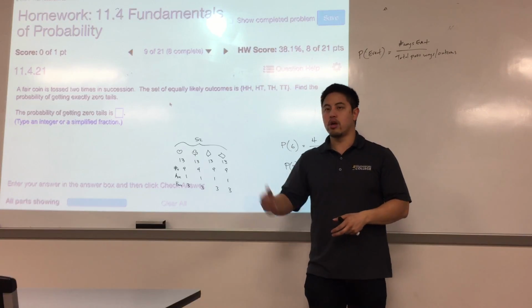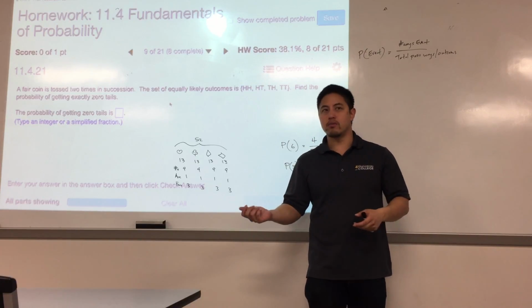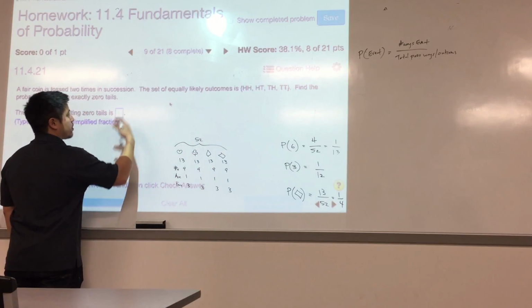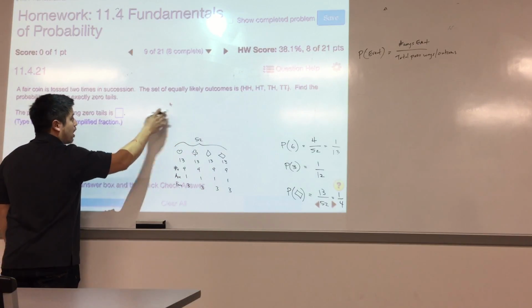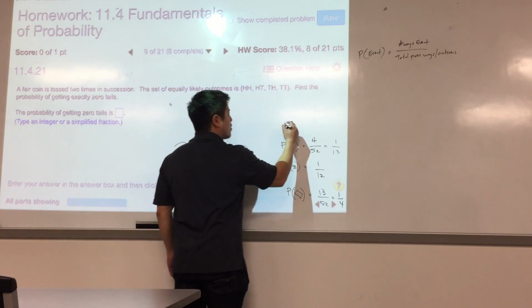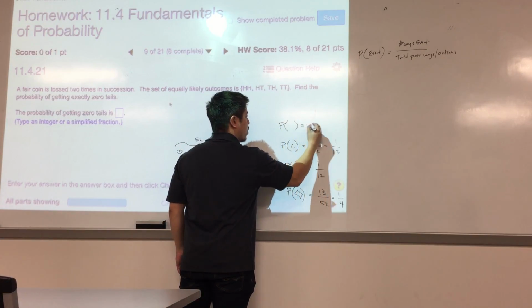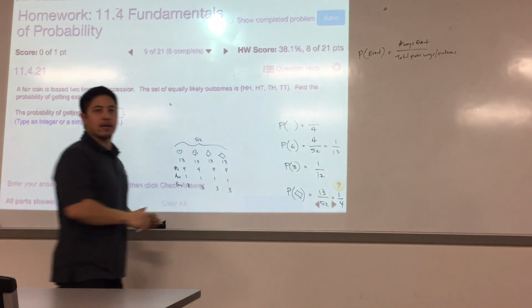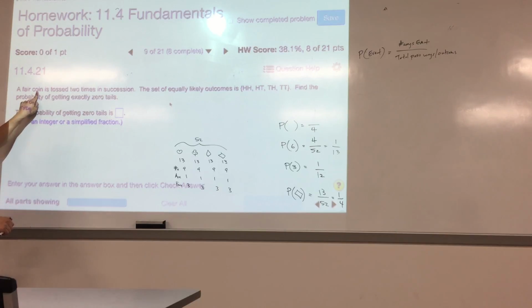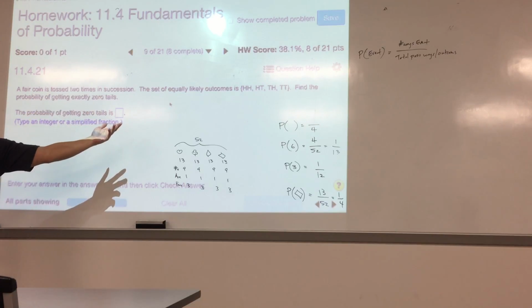Your outcomes are 2 flip outcomes. So all of your answers for the coin toss where it's tossed twice are out of 4. Does that make sense, everybody? Not 8, because it's not saying a coin is tossed 8 times.